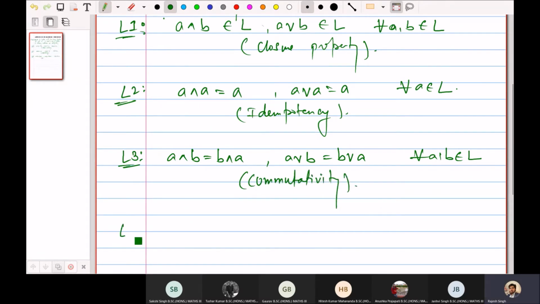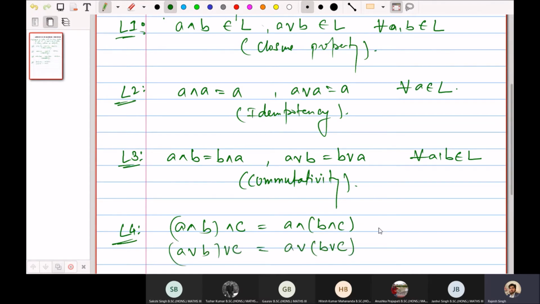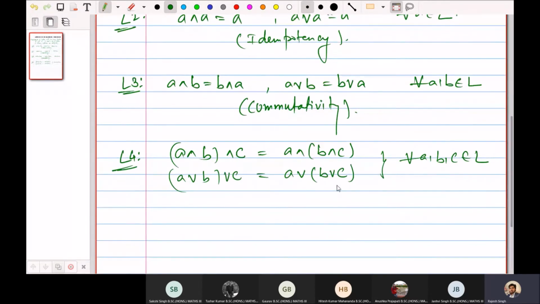And the fourth property is associativity. So (A cap B) cap C should be equal to A cap (B cap C) and (A cup B) cup C should be equal to A cup (B cup C) for all A, B, C belonging to L. This is associativity, right?